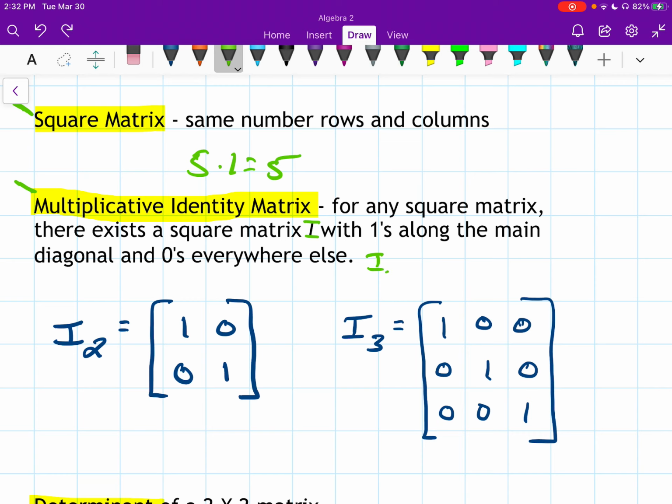It might be like an N, right? So I2 means the identity matrix that is a 2 by 2, right? And the ones are along what is called the main diagonal. For a 3 by 3, it's the ones along the main diagonal still, and there's 3 of them.